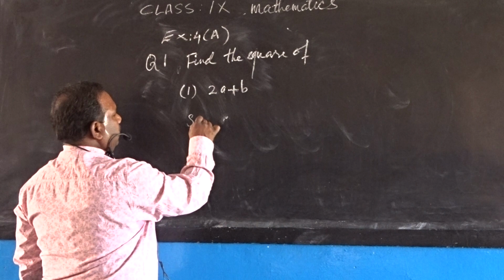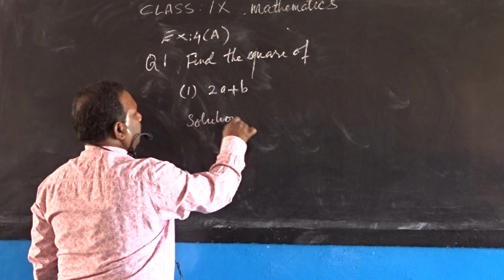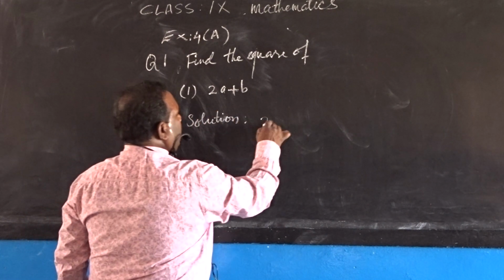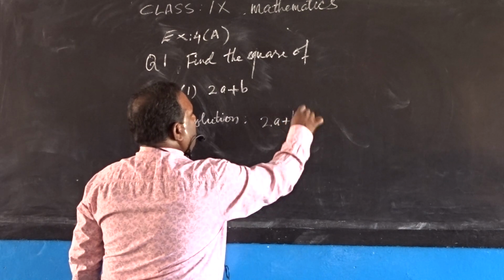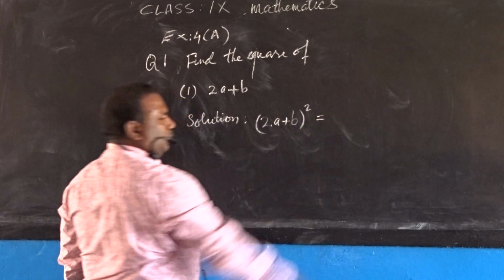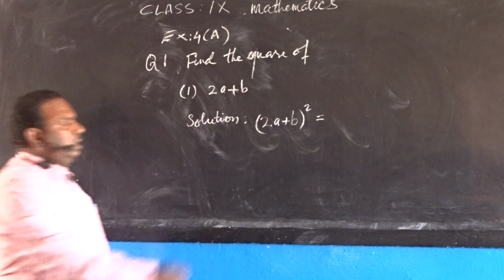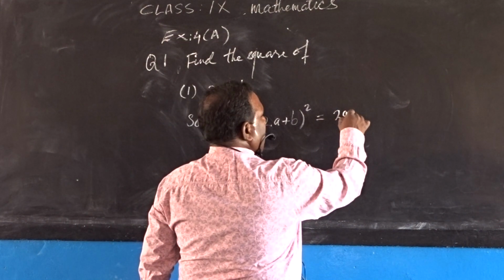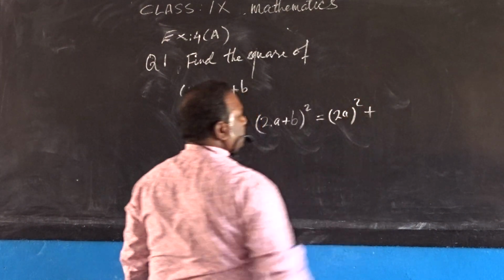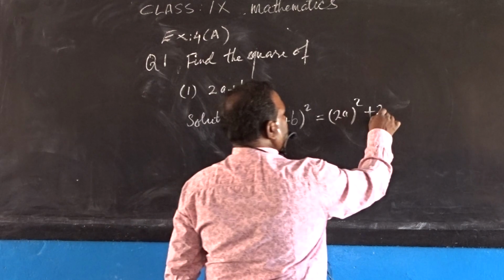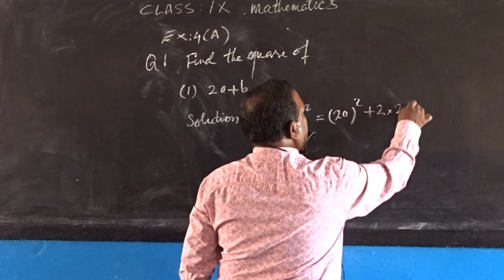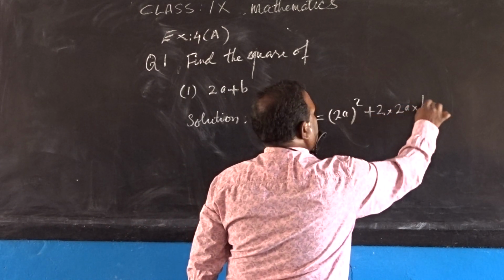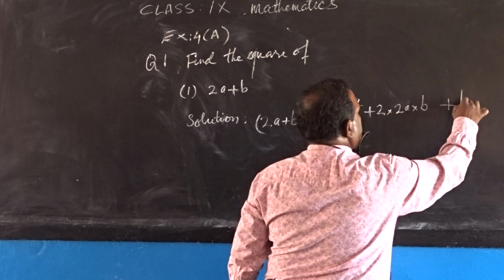Solution: 2a plus b all square is equal to 2a all square plus 2 into 2a into b plus b square.